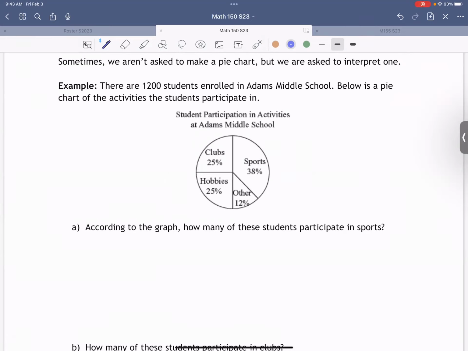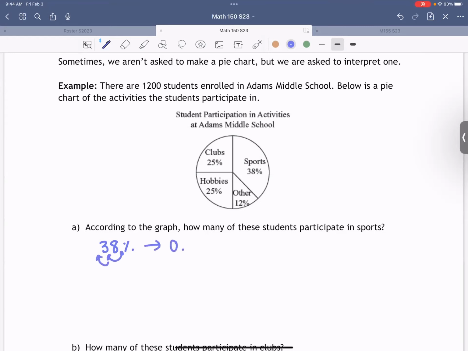I did 1,200 times 0.38. Perfect. And how did you get 0.38? In the pie chart, it says there's 38% that do sports, so I moved the decimal place over 2 times to the left. Yes, and then I just multiplied. Perfect, right? If you ever want to convert a percentage to a decimal, the easiest way is to take the decimal point and move it 2 places to the left.